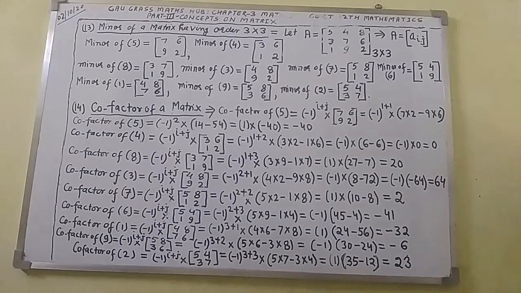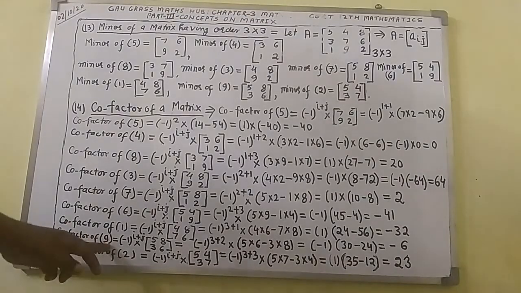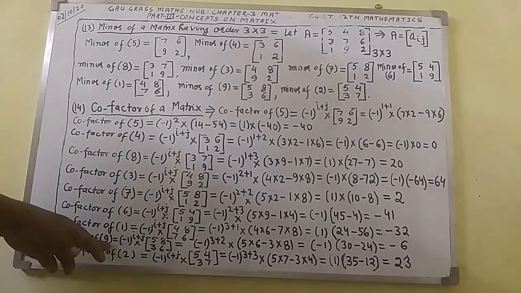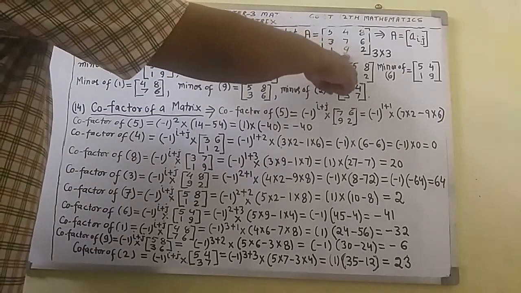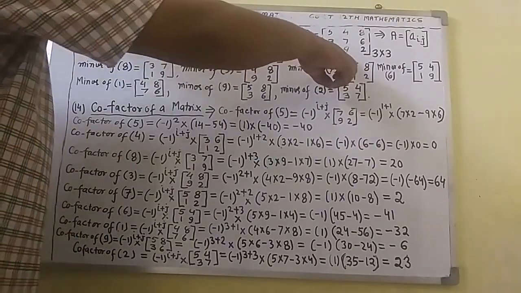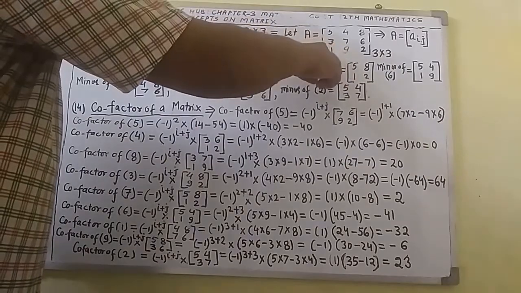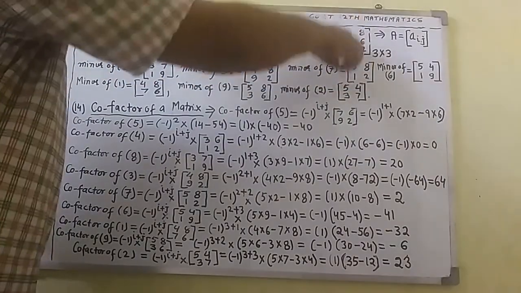Now next, the cofactor of element 9. For the cofactor of element 9, you have to locate where the element 9 lies in the given matrix. Here you can see element 9 lies in the third row and second column.